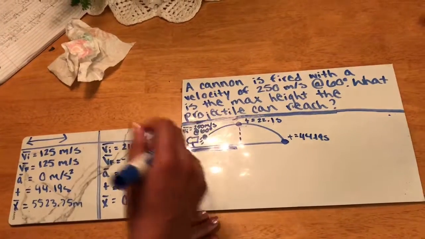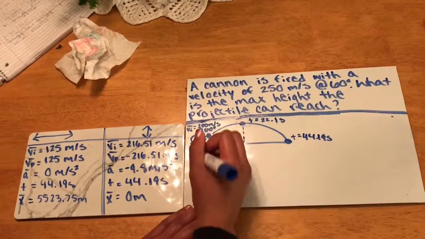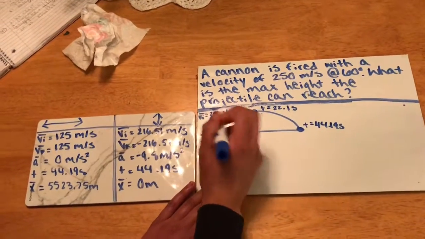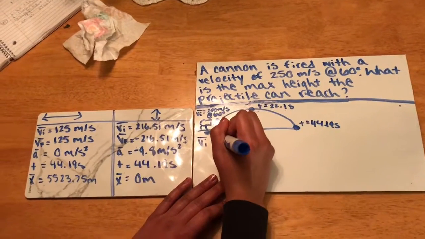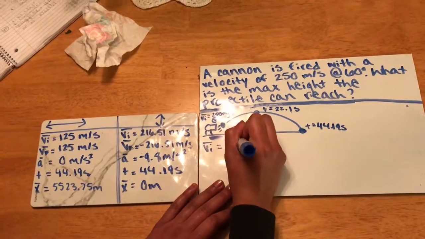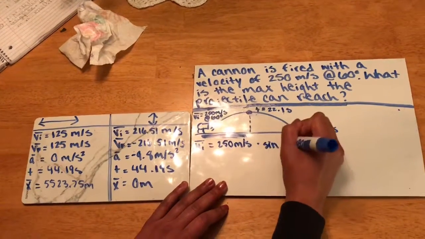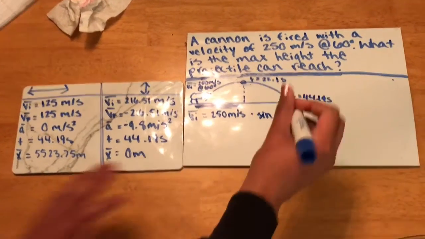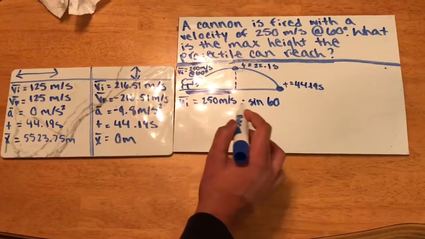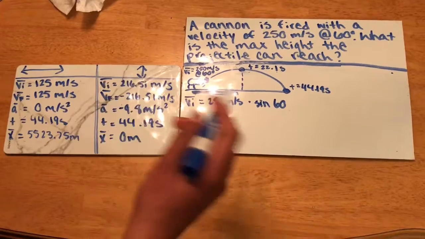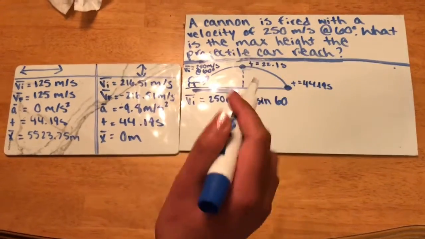So to do that, we are going to multiply these two together. So you're going to have 250 meters per second times the sine of 60 degrees. Because if we remember our triangle, when we solved this earlier, to get the vertical velocity, the initial velocity, we use sine.